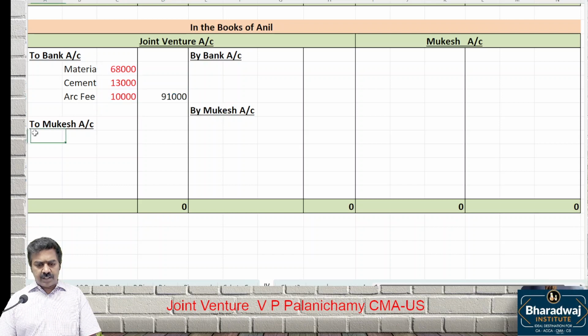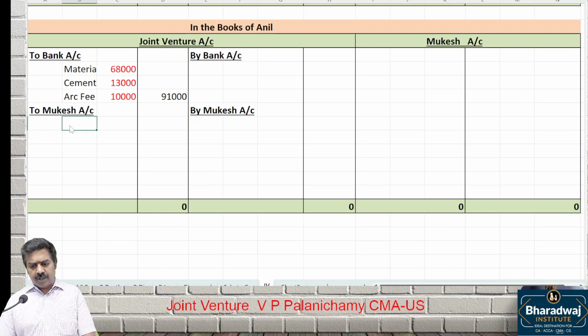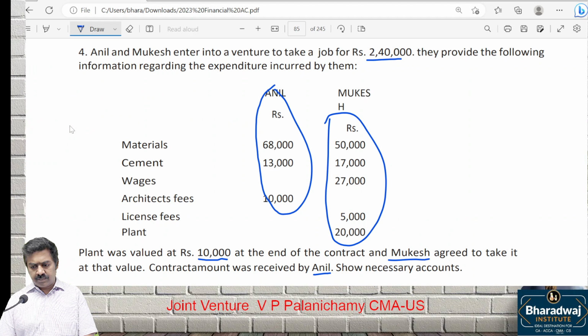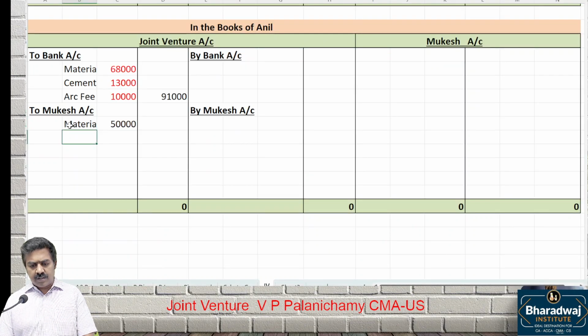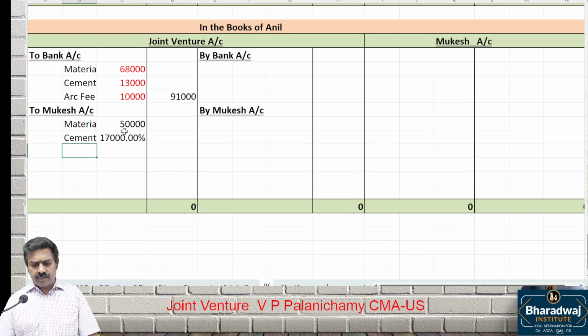What has Mukesh paid? Material 50,000. Cement, architect fees, wages.